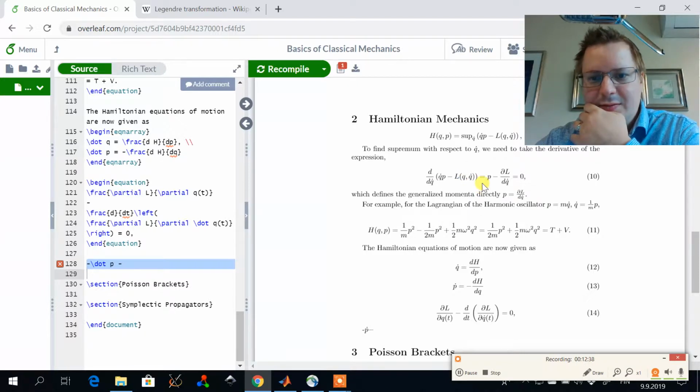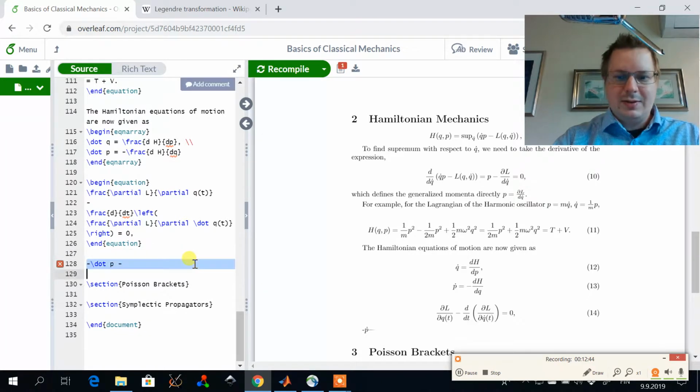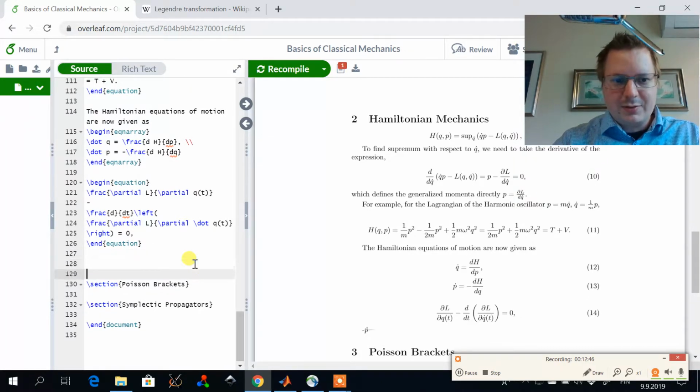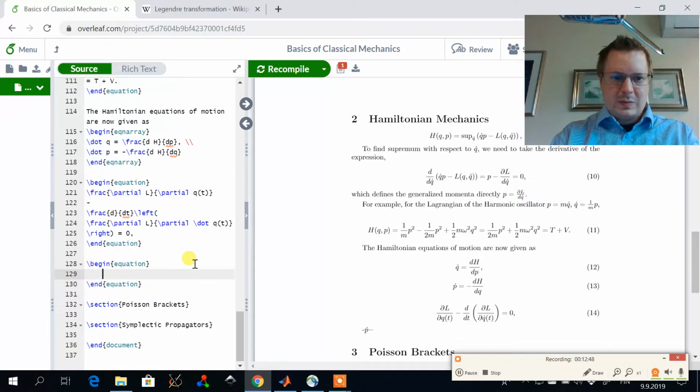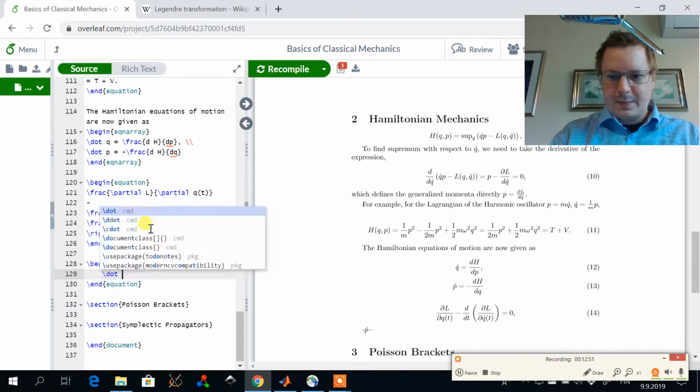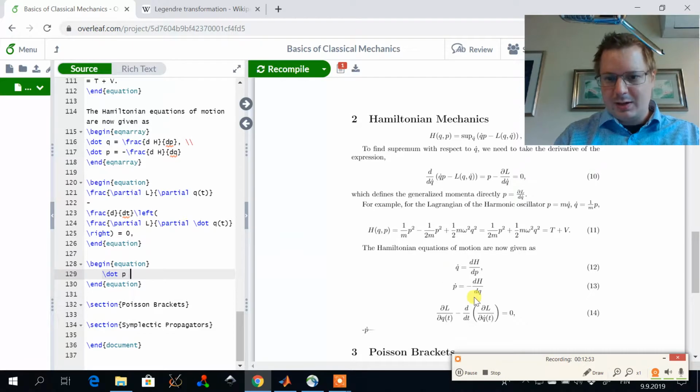So the properties of the function with respect to q should stay the same. So I think like that we can derive the first Euler-Lagrange equation, just that this one will become p dot.